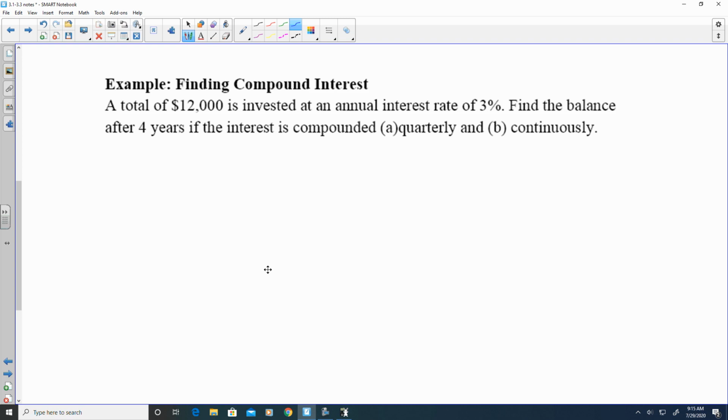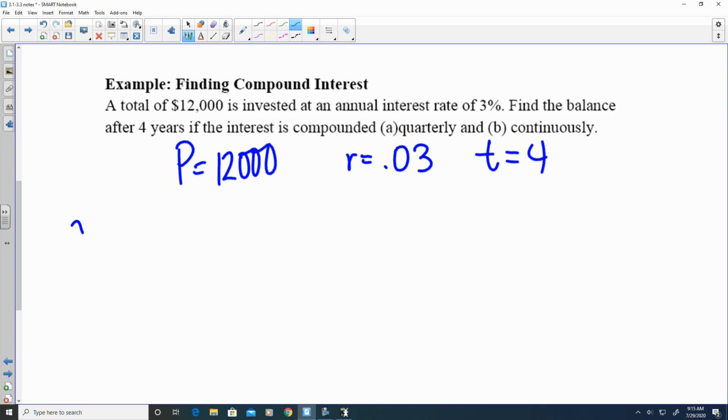All right, now we have 2 different parts of this question. Both of them are $12,000 invested, so that's our P either way. Annual interest rate's 3%. t is 4. On letter A, we're compounding quarterly, so that's our n, quarterly would be 4.